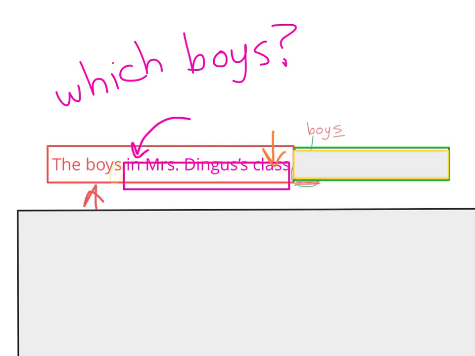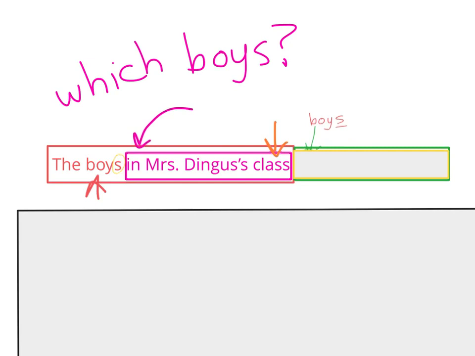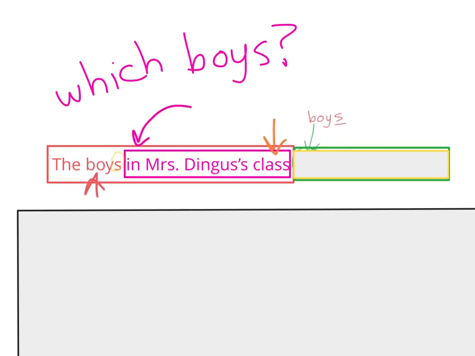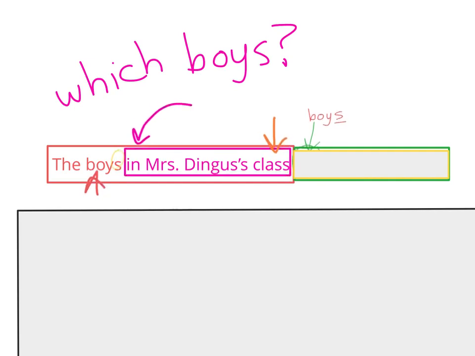And it's just the boys in Mrs. Dingus's class. So in Mrs. Dingus's class is a group of words, a phrase, that is helping us know which boys we are talking about. But this prepositional phrase is going in between the subject of the sentence, which is here, and the verb of the sentence, which is over here.